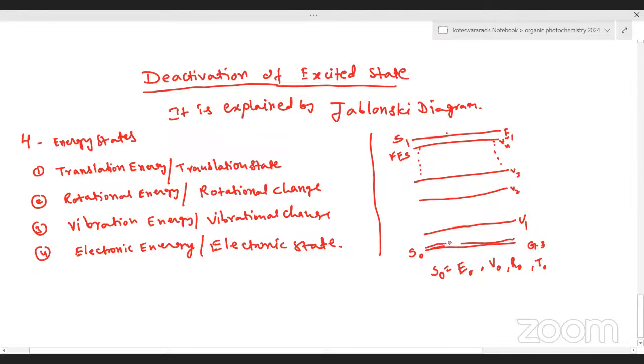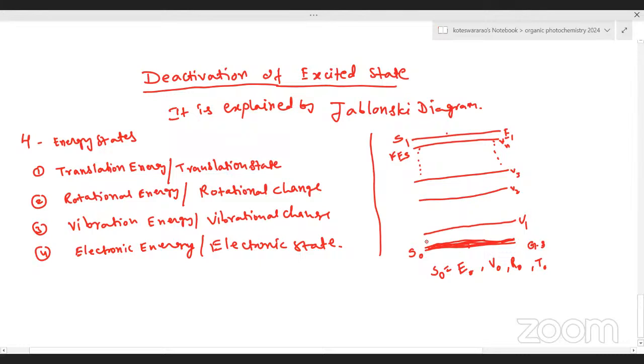Now, as we discussed, this is the total ground state where we can see the ground state electronic state, ground state vibrational state, ground state rotational state, ground state translation state. Right. Now, between any two vibrational states, not only V0 to V1, V1 to V2, V2 to V3, V3 to V4, V4 to Vn, and Vn minus 1 to Vn, right?